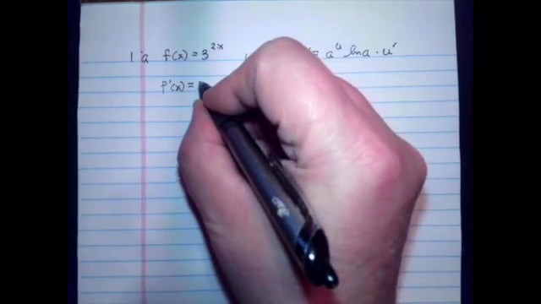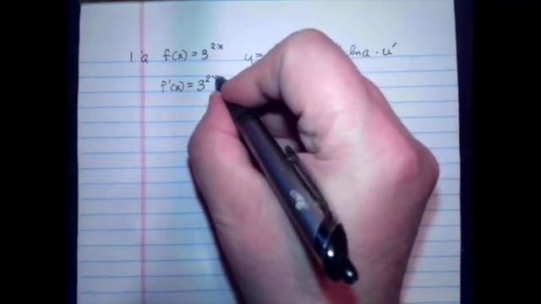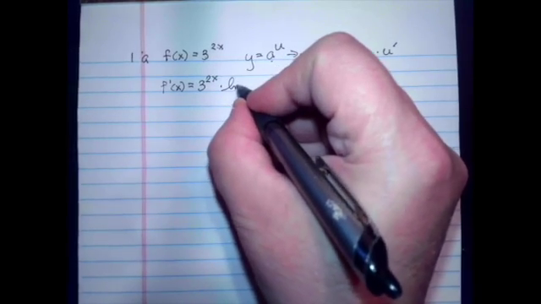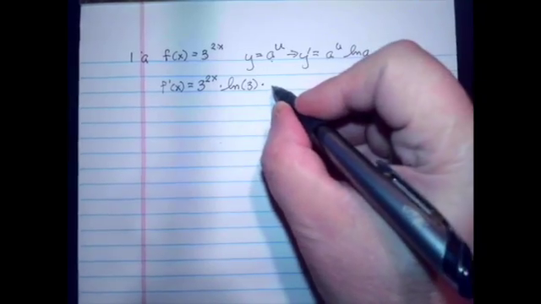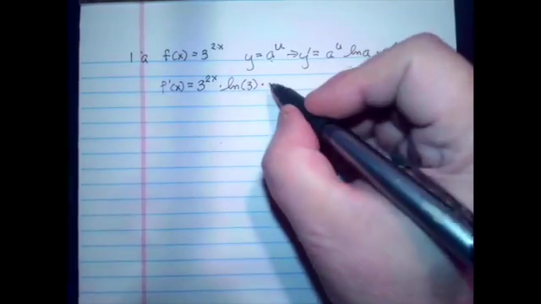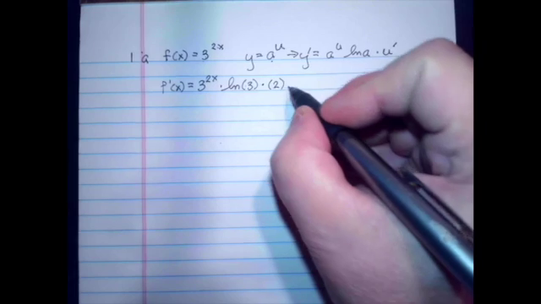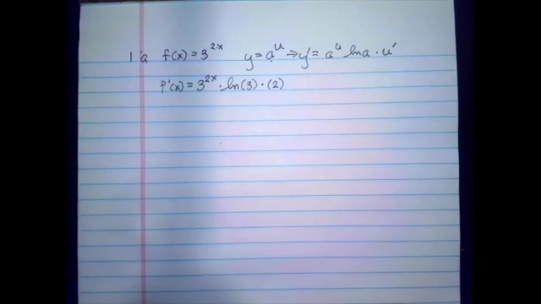So we'll have a to the u times the natural log of the base times the derivative of the exponent, which is 2. And that's the correct answer: 3 to the 2x times natural log of 3 times 2.